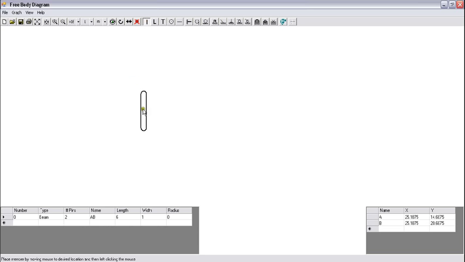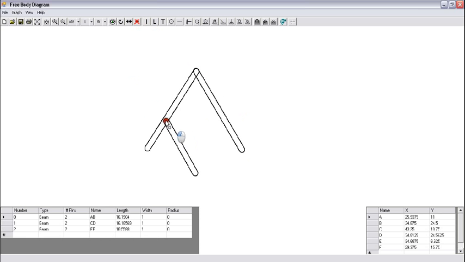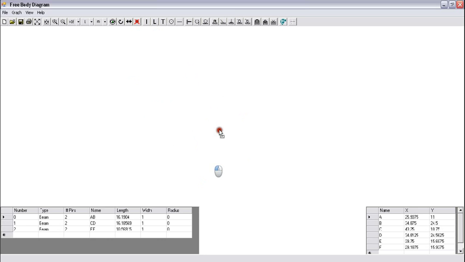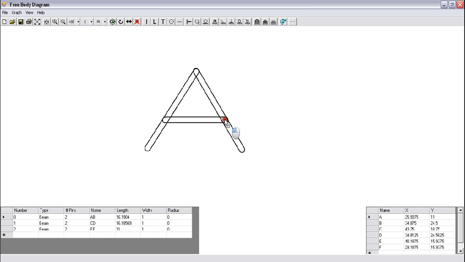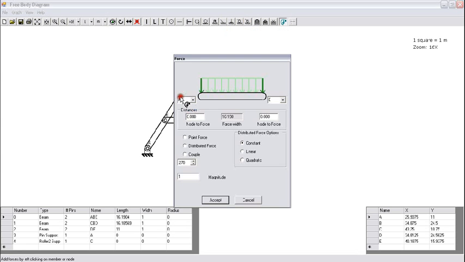So let's start with a simple A-frame, which consists of three members. We will connect the members with pin joints, add a pin support at A and add a roller support, and then we will add some loading on this member.